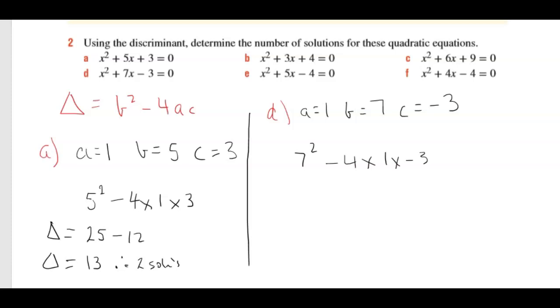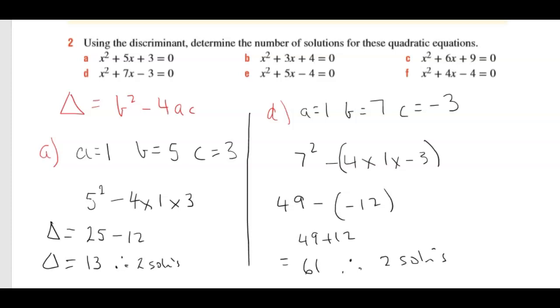When you've got negatives, I always like to put things in a bracket. Let's focus on this bracket first. 7 squared is 49. 4 times 1 times negative 3 is negative 12. So 49, even if you can't do this, you know it's going to be positive, but hopefully you can add 2 numbers together. That's going to be 49 plus 12. I say that and I'll probably get it wrong, so 61. Therefore, we have 2 solutions.